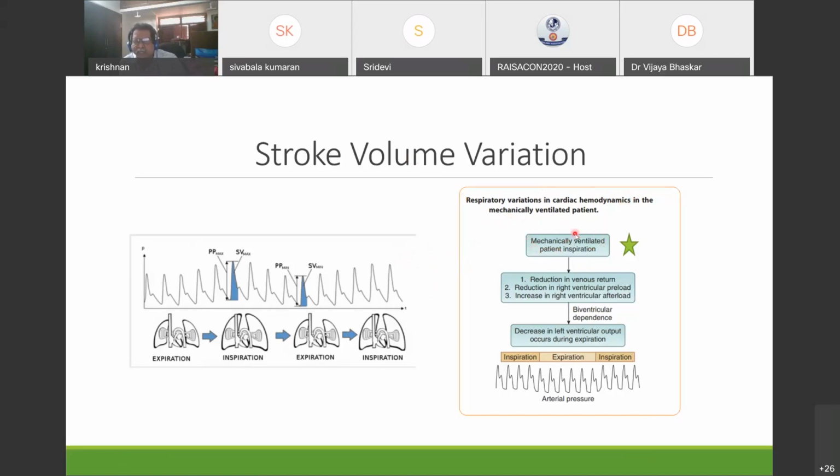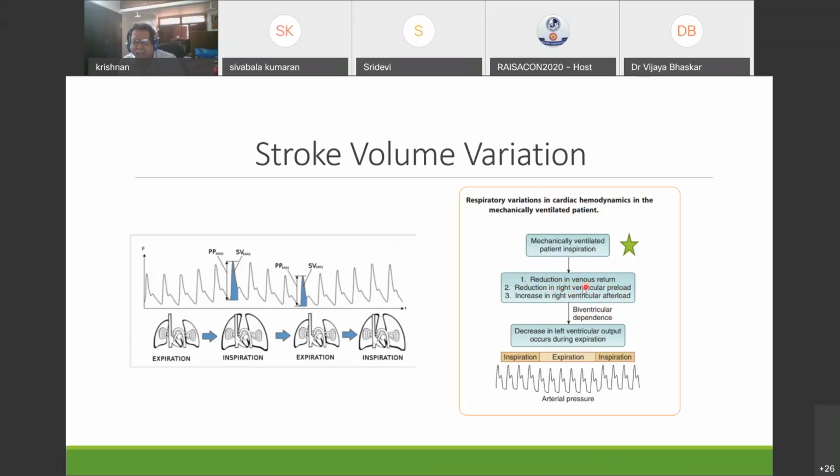So in a mechanically ventilated patient, when the bellows pushes or gives the inspiration, the intrapleural pressure goes positive. This leads to reduction in venous return from the abdomen. This leads to reduction in the right ventricular preload. This will also lead to increase in right ventricular afterload. Because in pediatrics, both the ventricles are dependent on each other for the output. That is called biventricular dependence.